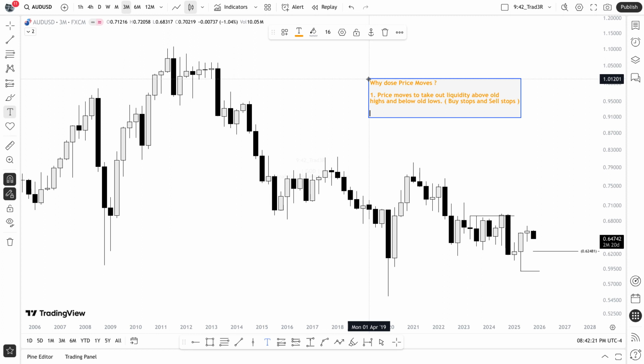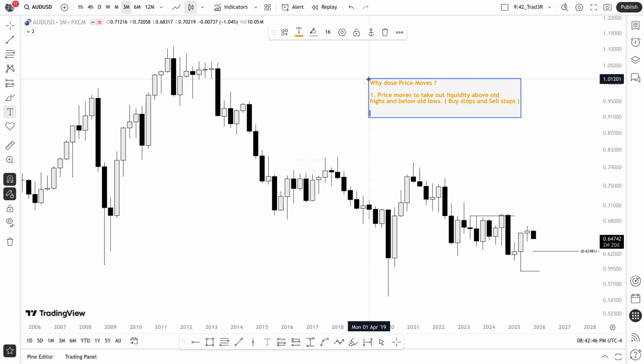If you know that price moves to take out liquidity above old highs and below old lows, then you're not going to be scared or anxious about why price is moving up and down in the lower time frame, because you know it's moving up and down to attack a particular liquidity in the higher time frame direction.